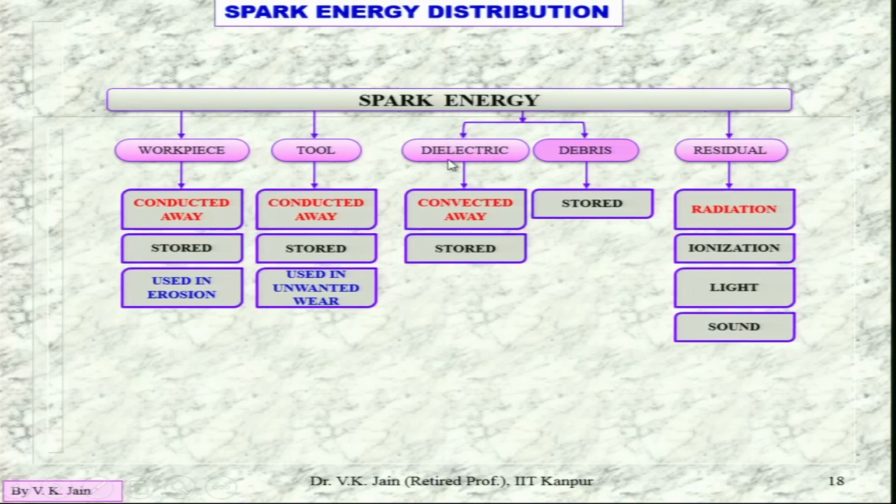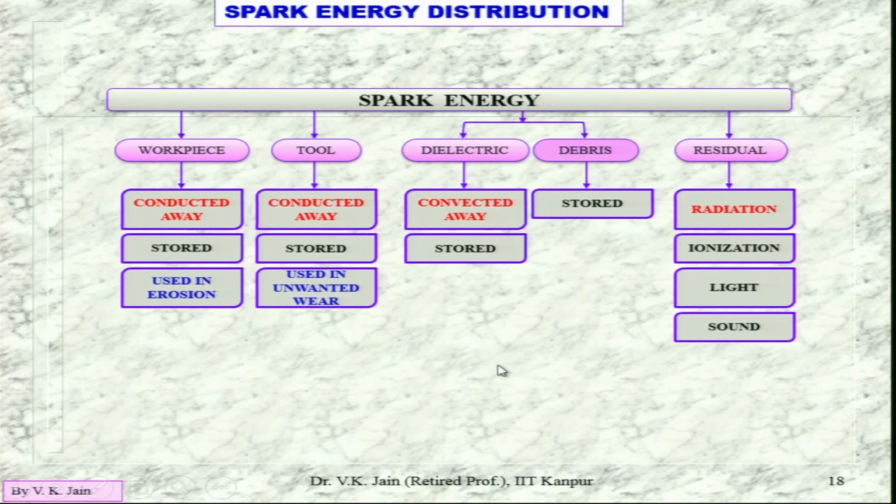Then a substantial amount of this energy goes to the dielectric, convected away and stored in it, and then debris formed also stores a certain amount of the spark energy, and some of the energy is residual energy lost by radiation, some energy required for ionization, some energy lost in light, and some energy is lost in sound.